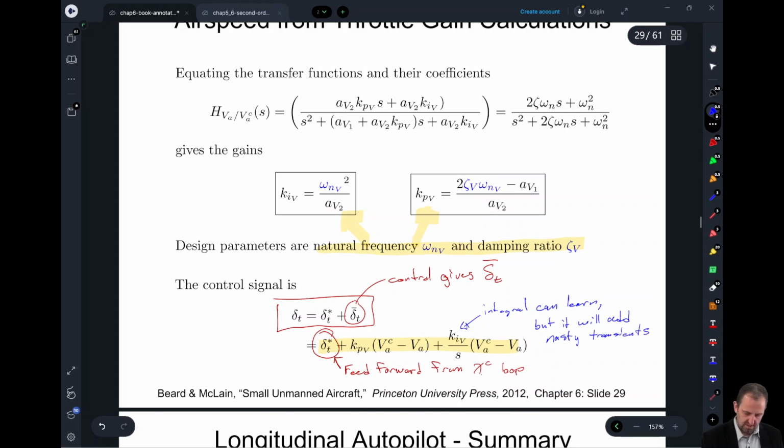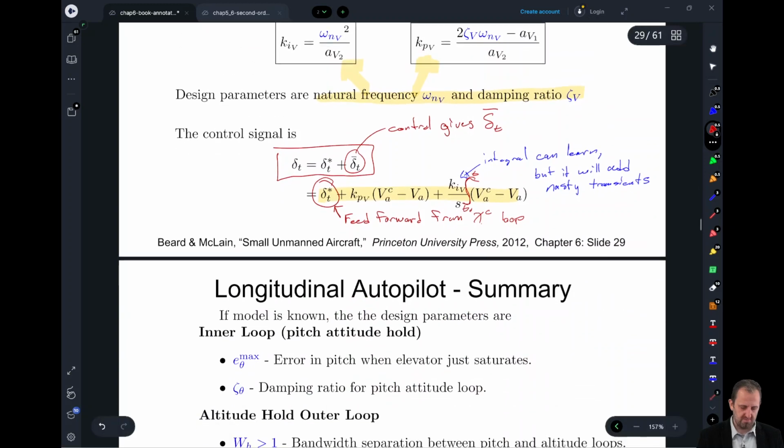And I just noticed, just barely, that this should be an integral from T naught to T. So we have the ability to learn it with our integral, but there's really not any reason to allow it, especially because we will always get that from our trim trajectory design.